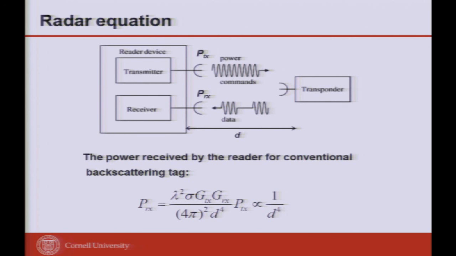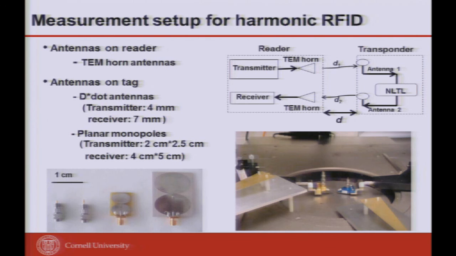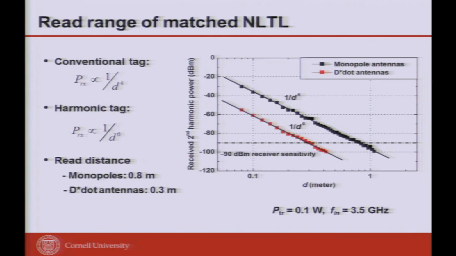Harmonic radar is not the usual radar you see. In conventional radar, with all the interference, the loss is 1/d4. For harmonic, it's 1/d6.